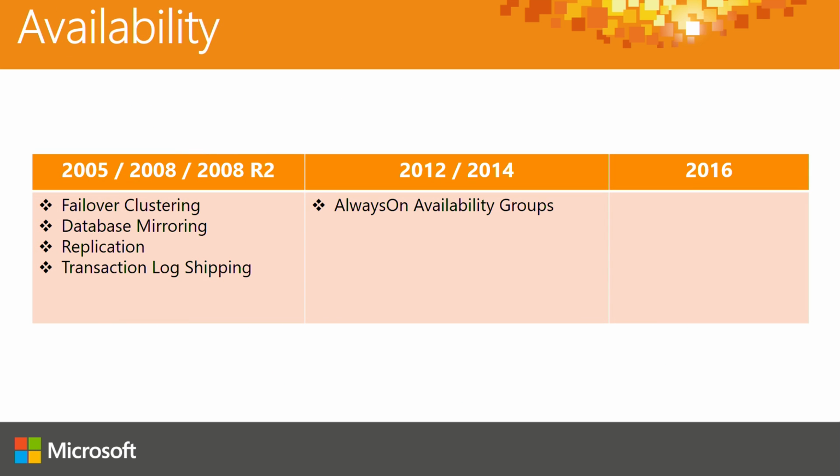But just to go through some of the previous technologies that were released for SQL Server, specifically in relation to HA and DR, we'll just go through some of the earlier releases of SQL. In 2005, we introduced database mirroring. We also had failover clustering, replication and transaction log shipping as our HA and DR technologies. With the advent of 2012, we brought in Always On availability groups, which were enhanced then in SQL 2014.